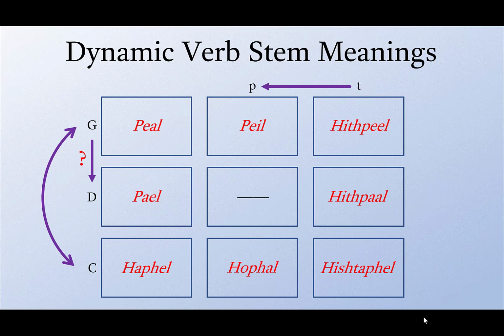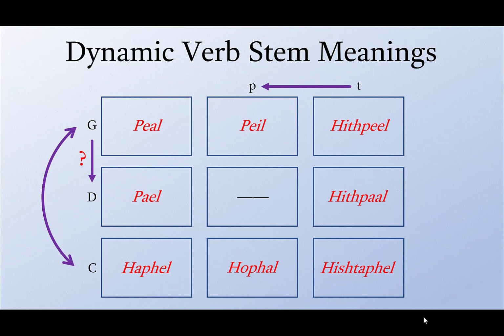There are certain patterns that can be discerned, but this is the most mysterious, if you will, of the relationship of verb stem meanings. And it's harder to talk about in Biblical Aramaic because we have fewer verbs. There are some verbs, for instance, that only appear in D. So as we actually look at Biblical Aramaic verb examples, we're going to keep these general principles in mind for what meaning these verb stems are imparting to the verb forms.